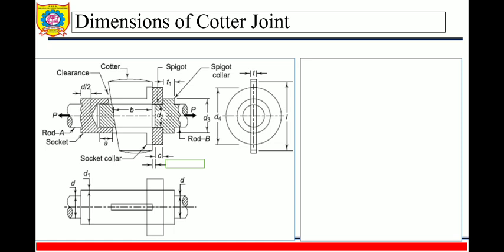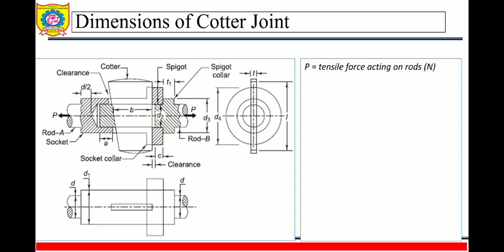Then the cotter and socket have a small clearance provided between them, and one clearance is also provided between the spigot and the cotter. Here a small clearance C is provided, in the cotter and the spigot.